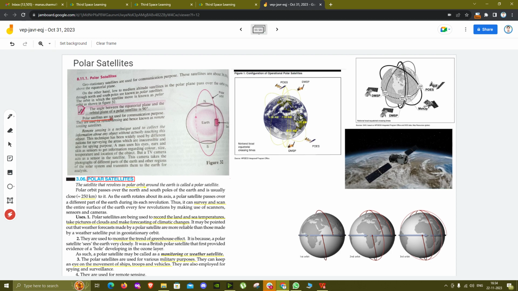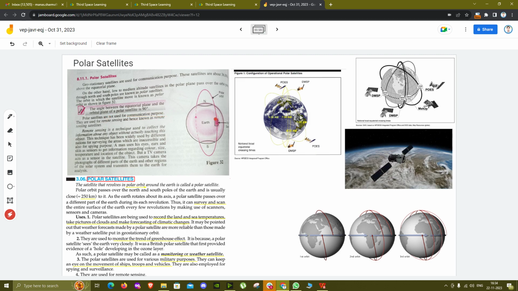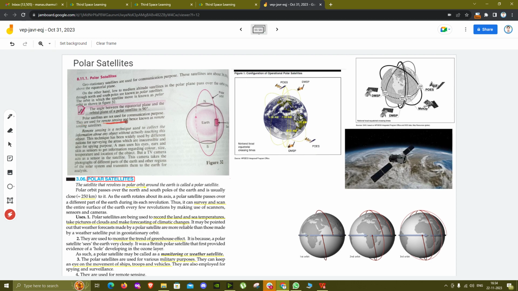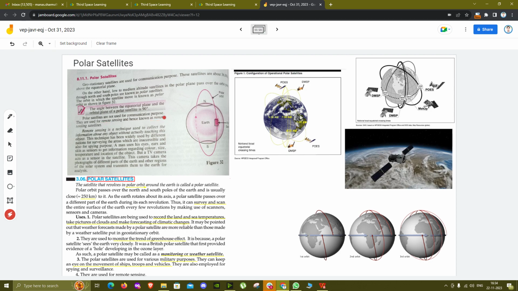So polar satellites are not used for communication purposes, because they're not available at a particular point on the surface. They are not visible every time. So they are used for remote sensing. These are called remote sensing satellites. Remember, it's a very important point that remote sensing satellites are called polar satellites.